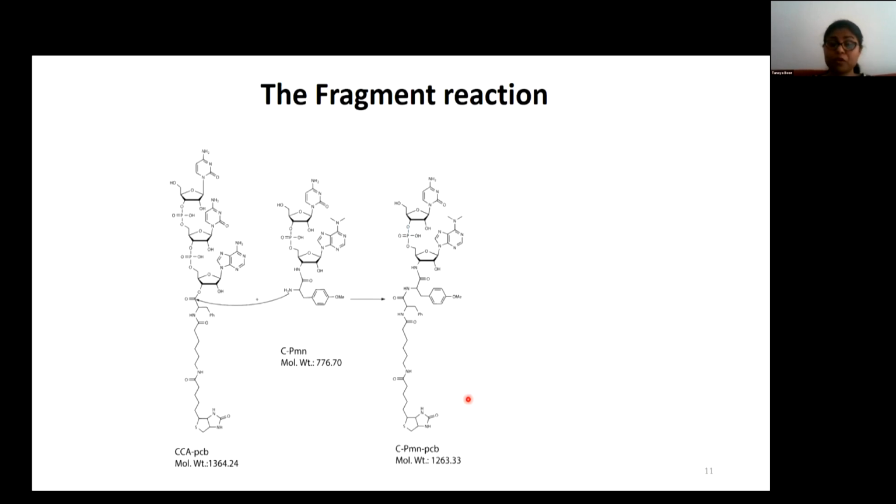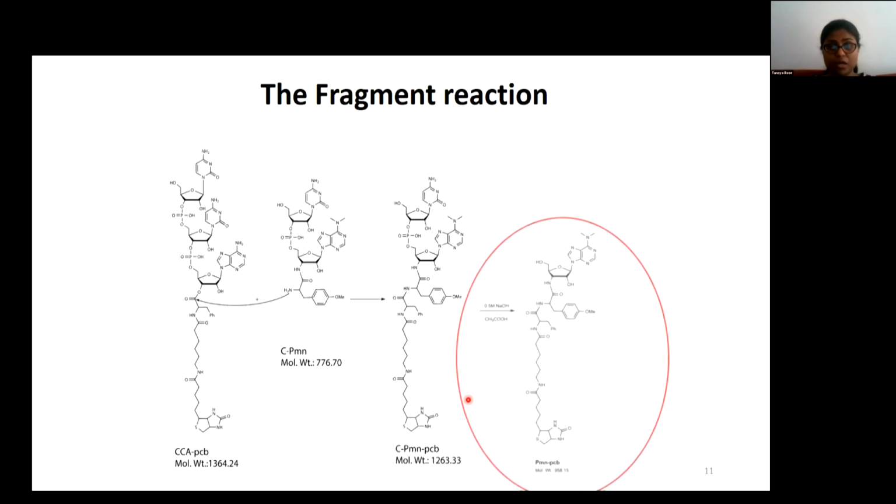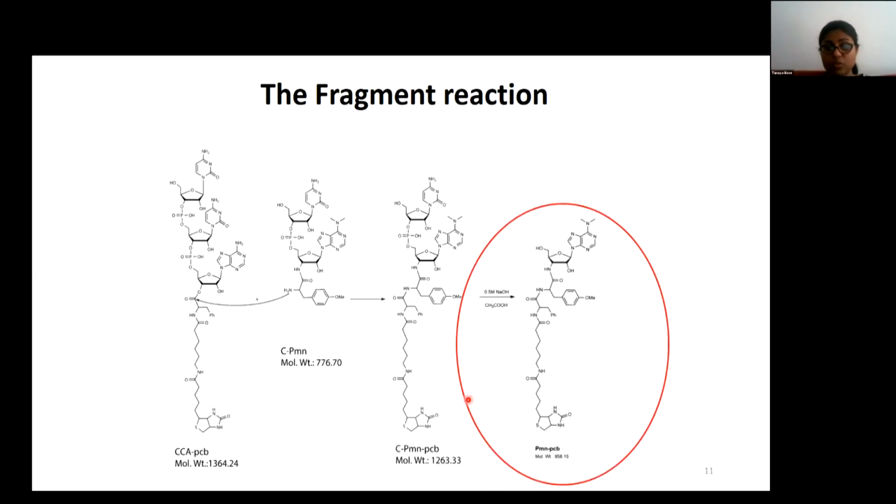To further validate that the peptide bond formed is indeed a product, the reaction mixture was treated with 0.5 molar NaOH followed by neutralization with acetic acid. So what will this treatment do? This treatment will of course chop off this phosphodiester bond here, but the amide bond should remain unaffected with the base treatment.